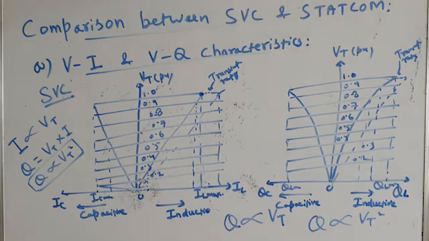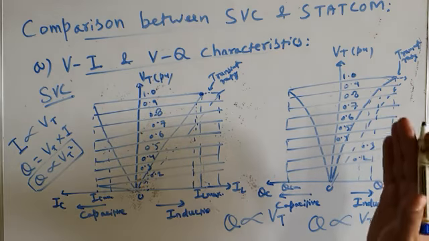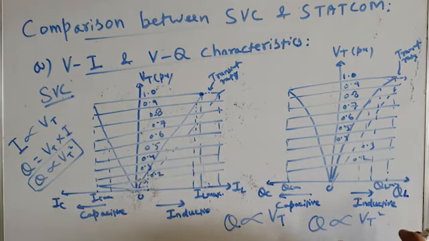So as the bus voltage decreases, in case of a STATCOM the reactive power decreases linearly with bus voltage, but in case of SVC it decreases as the square of the bus voltage. So there is more decrease in reactive power generated or absorbed by SVC with decrease in the bus voltage as compared to that of STATCOM.